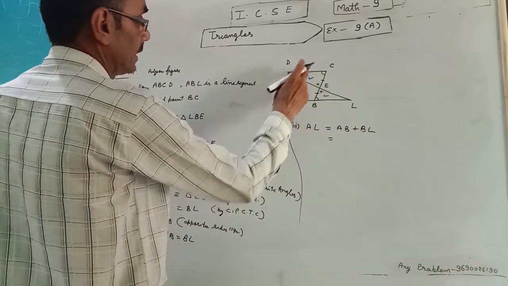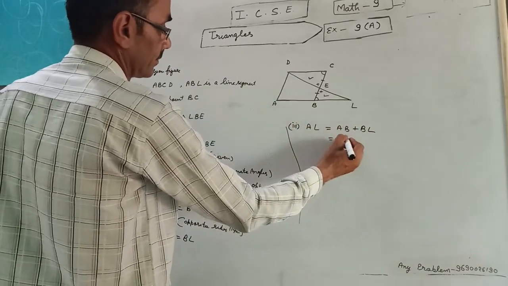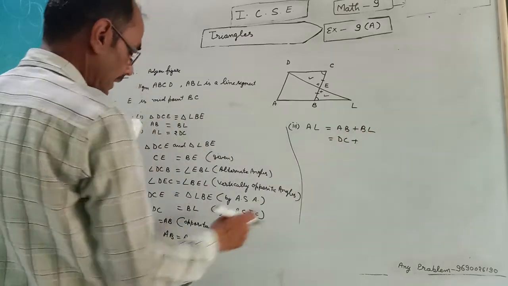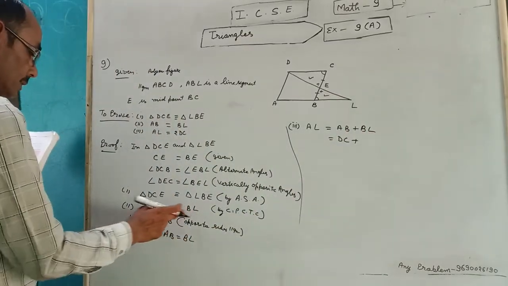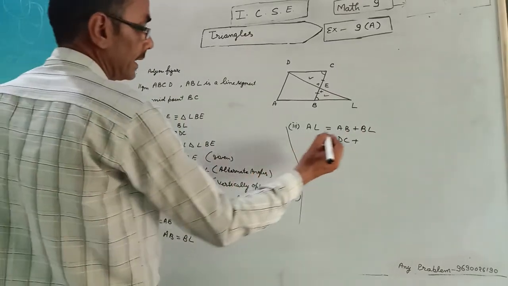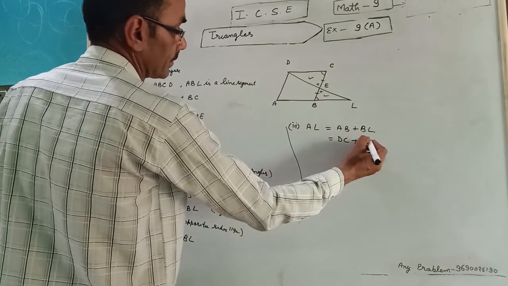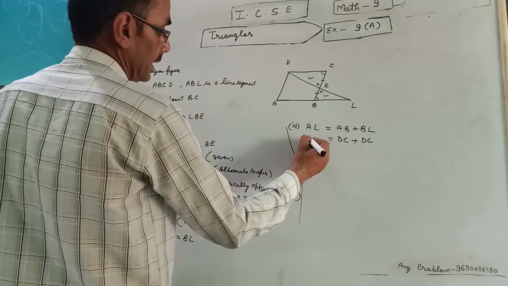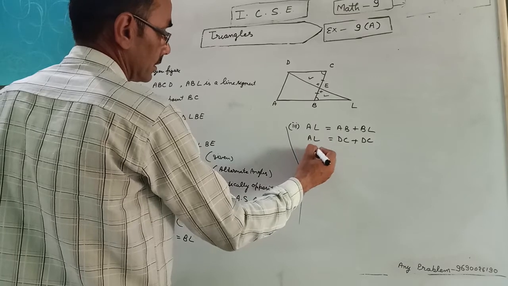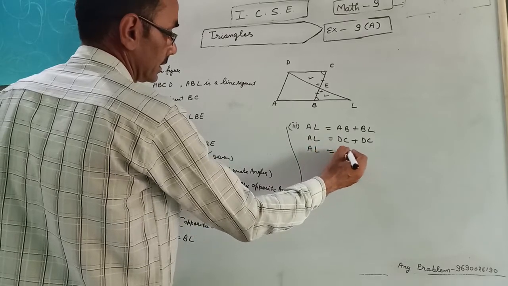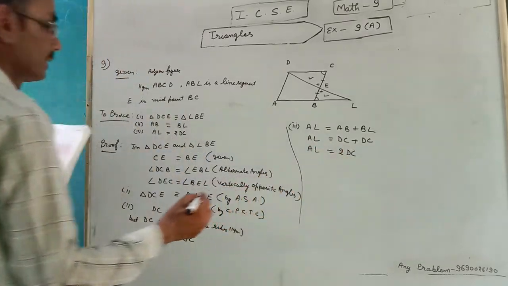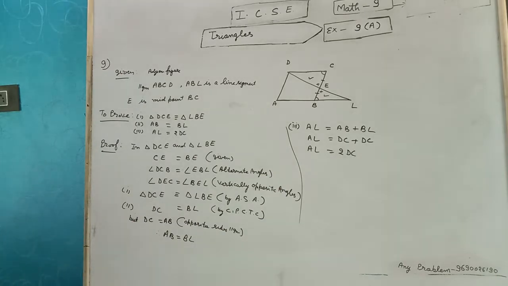AB is equal to DC and BL is equal to DC by CPCT. AL equal to DC. Third part is complete and question 9 is complete.